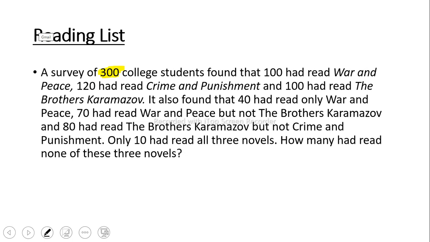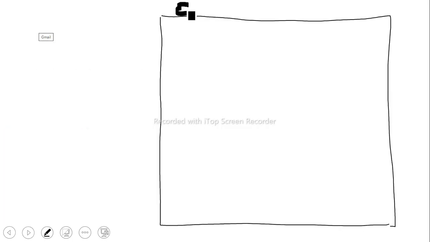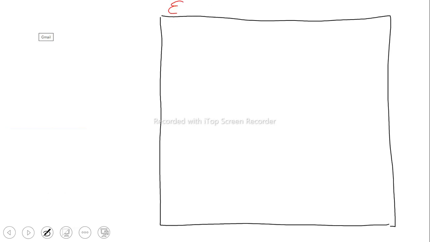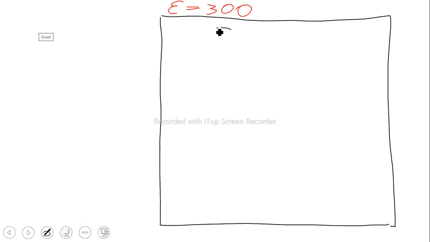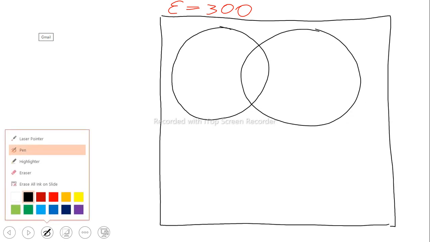We could say U or E, this funny looking E. E is how much? 300. Good. So with that being said, let's construct our three circles. And we know it's three circles because we're dealing with three books.